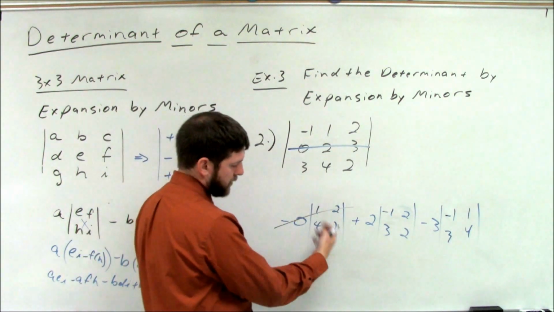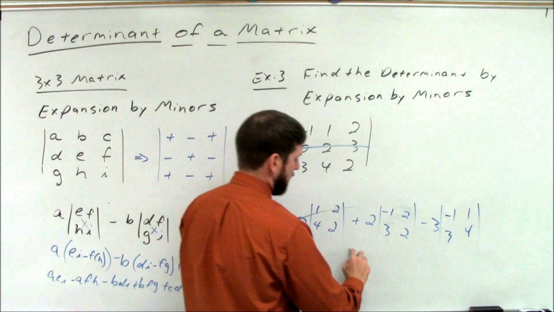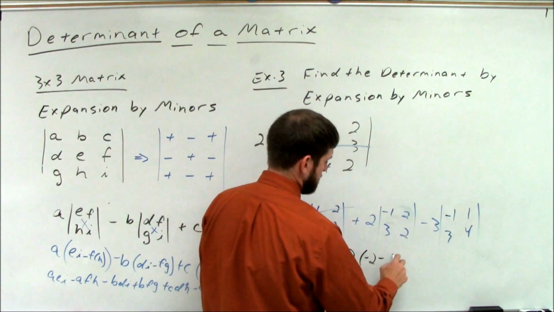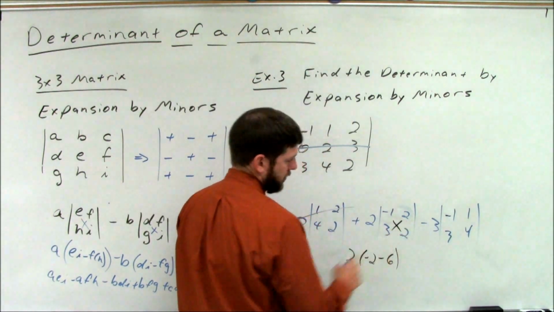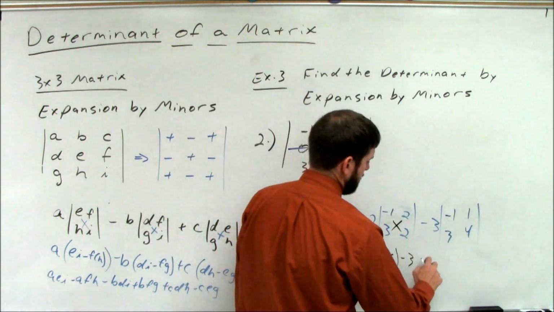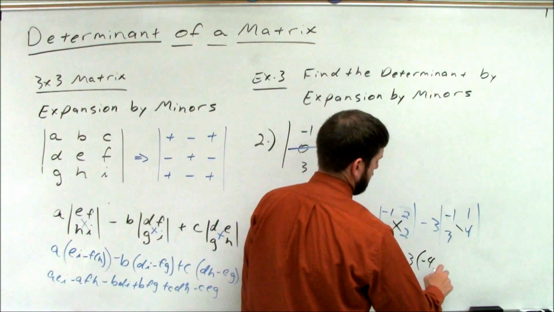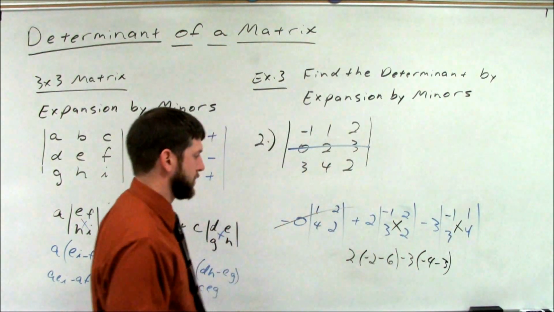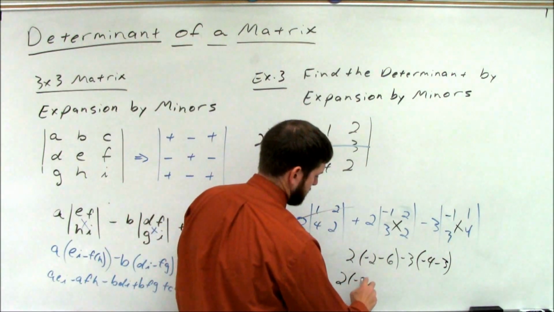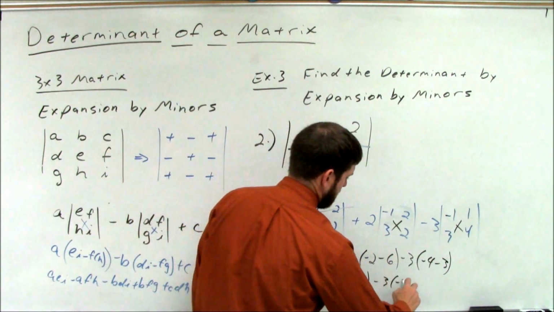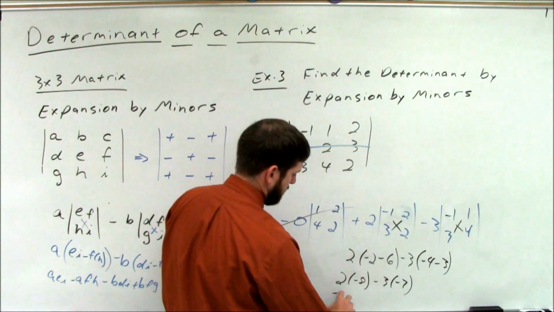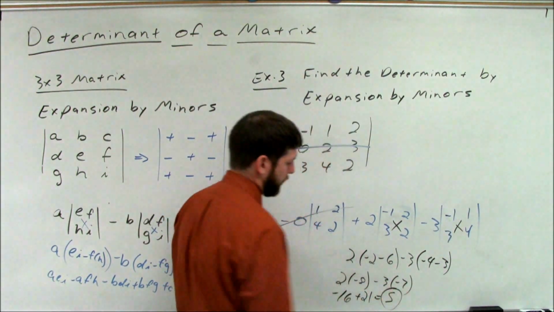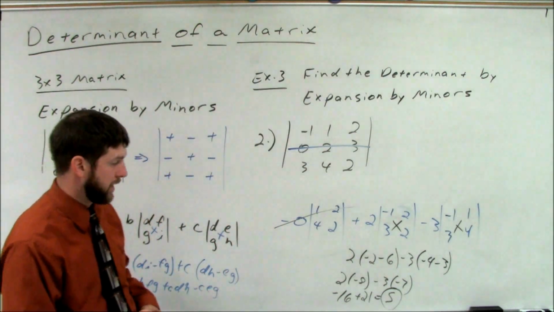But 0 times whatever that number comes out to be will be 0. 2 times -2 minus 6, right? -2 minus a positive 6. -3 times -4 minus a positive 3, so -3. 2 times -8 minus 3 times -7. -16 plus 21 equals the 5 we got earlier from the diagonal method.